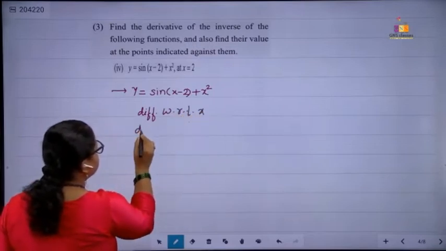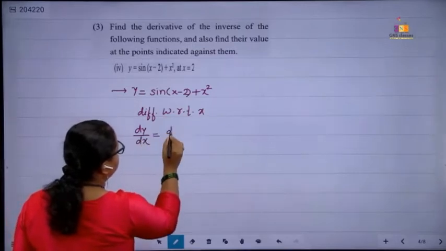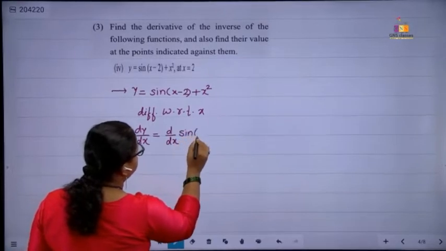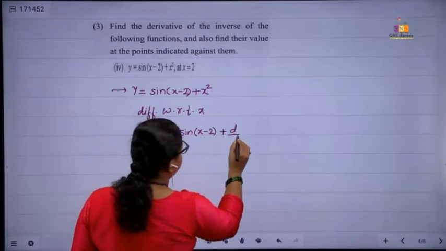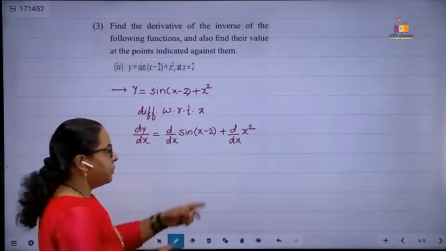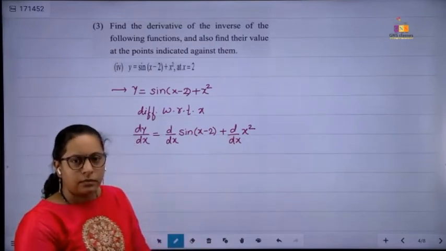dy by dx is equal to d by dx of sine x minus 2 plus d by dx of x square. Tell me derivative of x square. 2x. 2x, correct. Good.